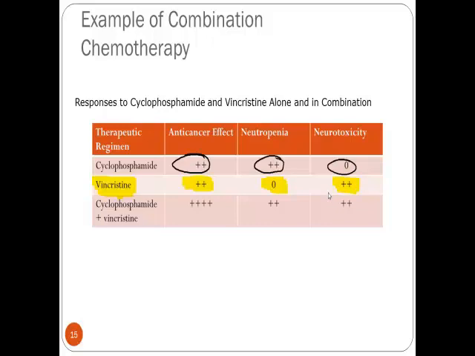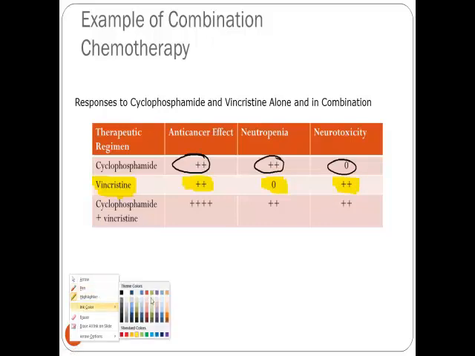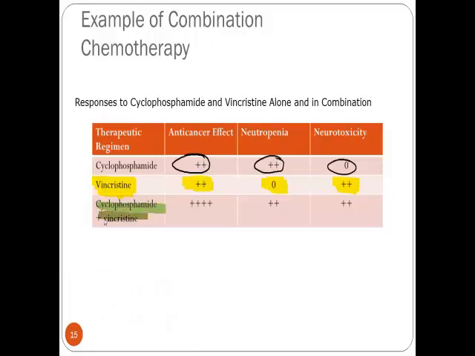So when you combine the two of them, the effectiveness of the two of them is additive, right? And it somewhat causes myelosuppression and somewhat causes neurotoxicity, but not overly so because they have minimally overlapping toxicity.